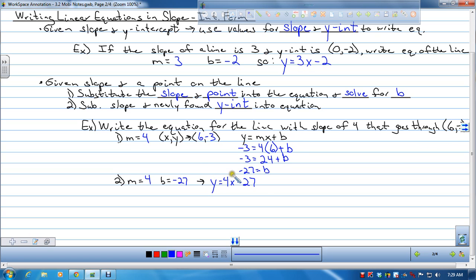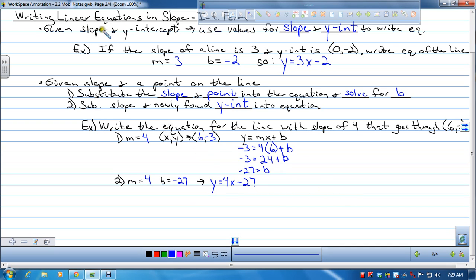However, when I write the final equation, do not leave the 6 and the -3 in for y and x, because the whole point of this equation, as we'll discover in a few lessons, is that I want to be able to graph this line. I want to be able to plug in different values for x and y. If I have numbers in there, I don't have an equation that I can work with. Okay? So let's proceed to the following page.